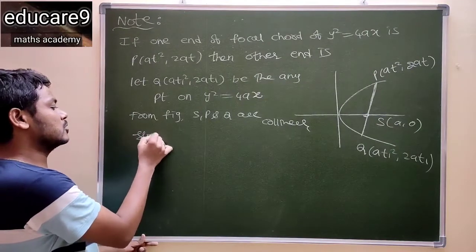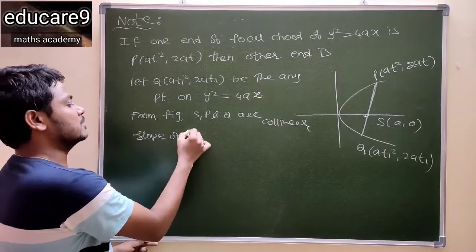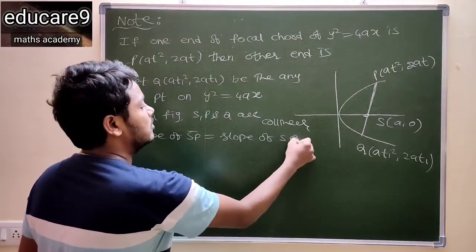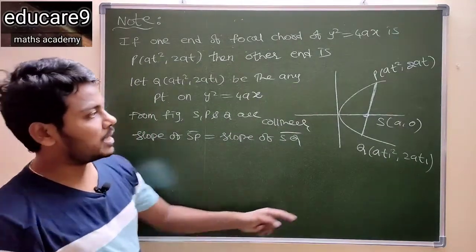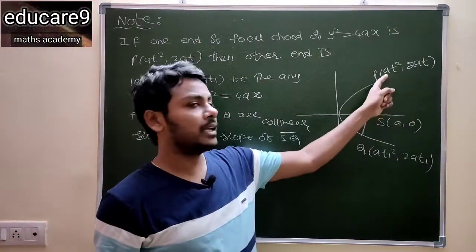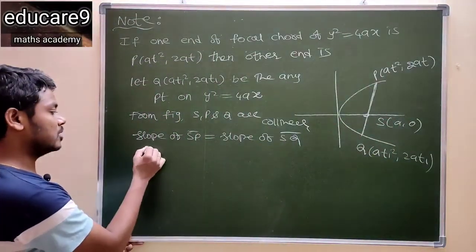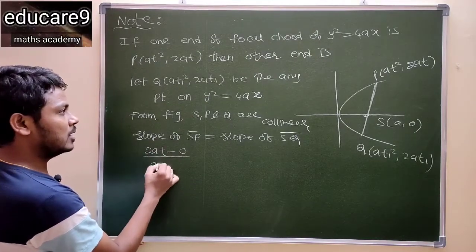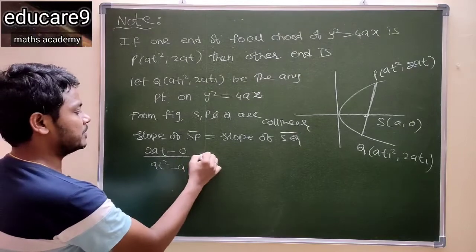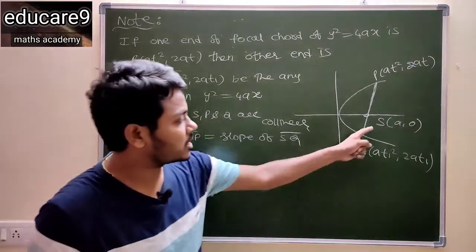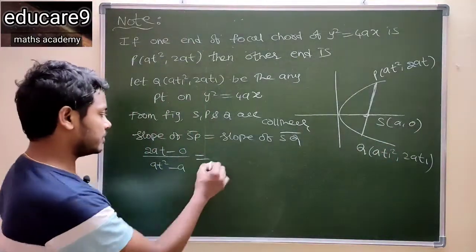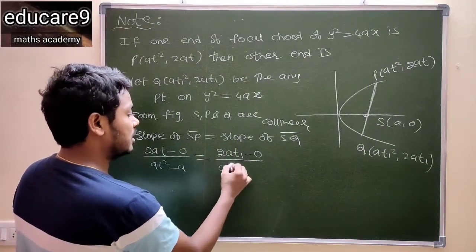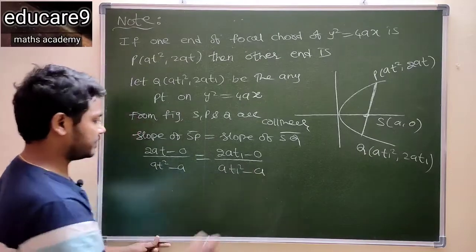Therefore slope of SP is equal to slope of SQ. Slope of SP is (2at − 0)/(at² − a). The slope of SQ is (2at1 − 0)/(at1² − a).